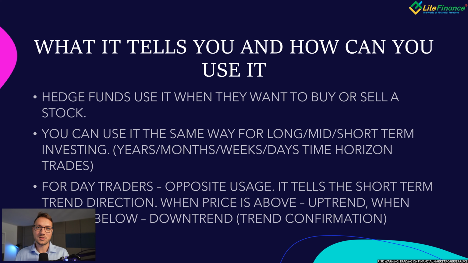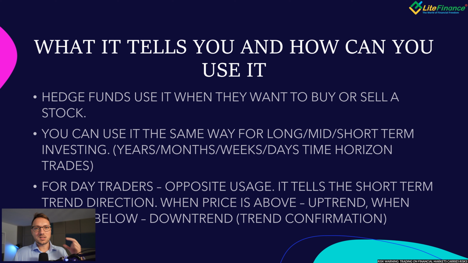And as we talked about previously, for day traders you use it as the confirmation of the trend direction. So it works the opposite way when you look at it from the intraday perspective.